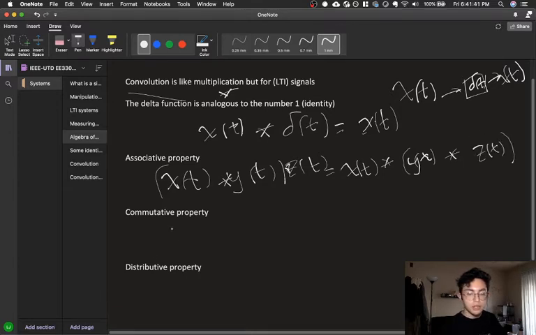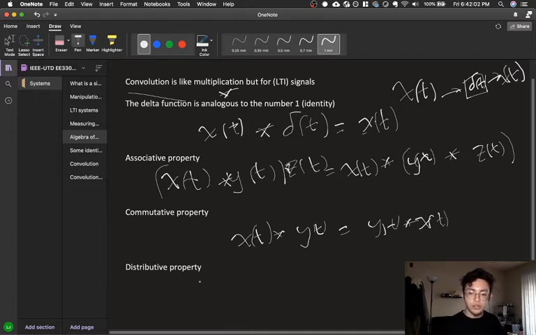They're also commutative, so you can switch around the terms that you are convolving. x of t convolved with y of t is just the same thing as y of t convolved with x of t.